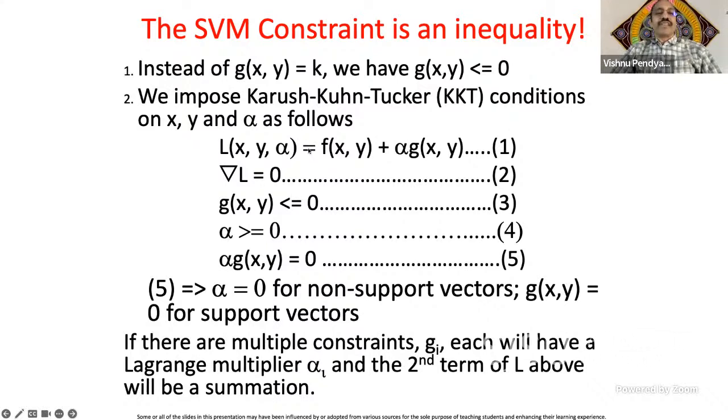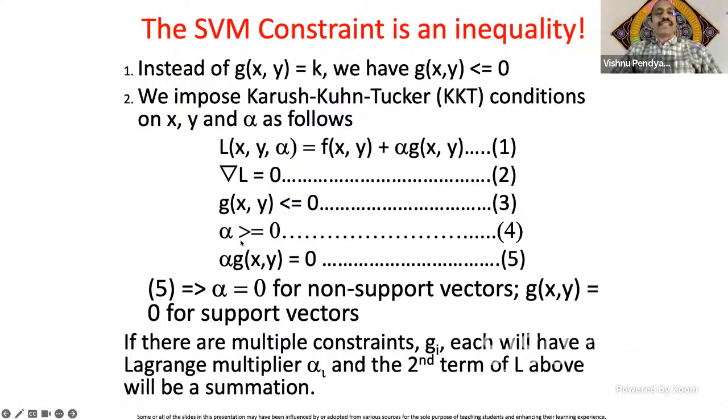Because we are trying to optimize this L, the gradient of L should be equal to 0. By the way, the symbol used for gradient is nabla, but we'll just call it gradient. And now we have an inequality, which is g of x comma y is less than or equal to 0. So that's the third condition.